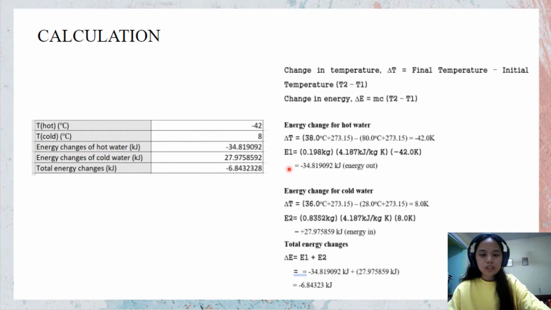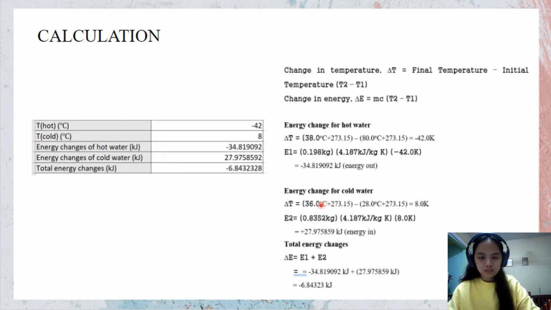For the change in energy for hot water, we use the mass of hot water given initially, which is 0.198 kilogram, times the heat capacity of water 4.187 kilojoule over kilogram over Kelvin, times the change in temperature that we have calculated just now, negative 42.0 Kelvin, and we get negative 34.819 kilojoule. Since it has a negative sign, it means that this is the energy going out of the system.